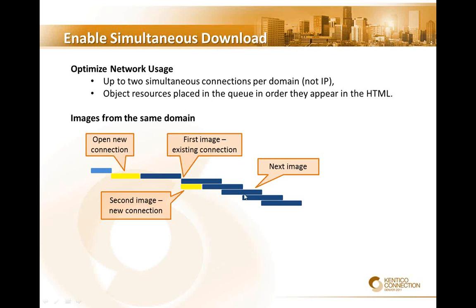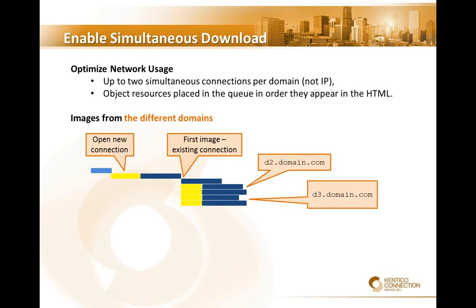The same thing happens with the fourth image, so it's waiting for the second to finish, and then the last image is downloaded as soon as the third image is finished. So you can see, as there are only 2 connections allowed at the same time to the same domain, that's how the images would be downloaded. So the overall page load would take this long.